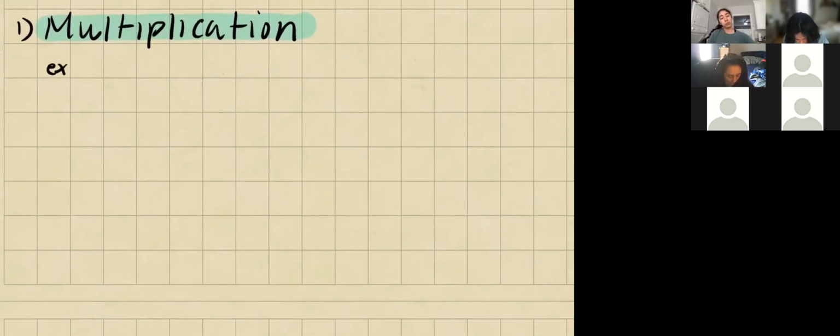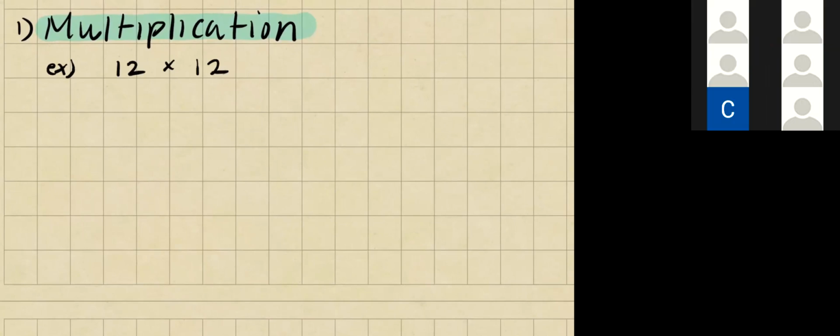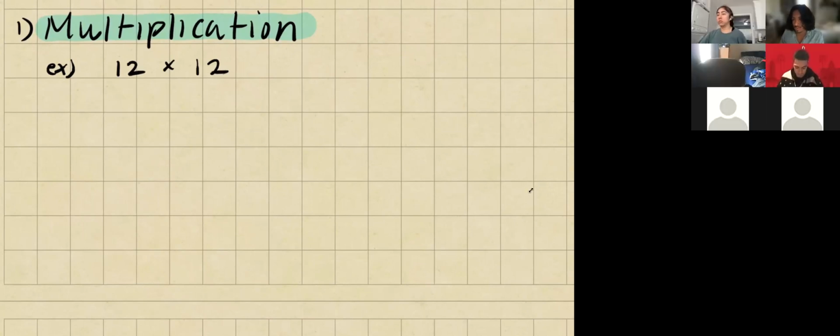I'm going to start with this. Now we know what 12 times 12 is, right? We're okay with that. But let's do it the way they did it. What I'm going to do is write out the problem, and then you're going to think about it and see what happened. So 12 times 12 from the ancient Egyptians' perspective looked a little something like this.